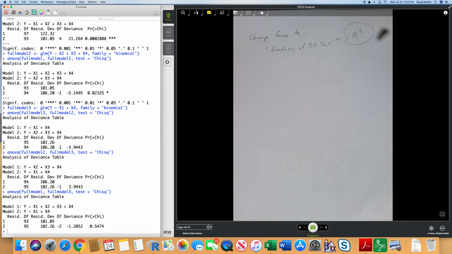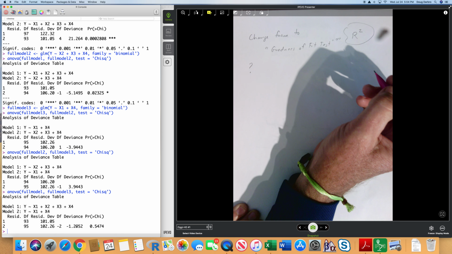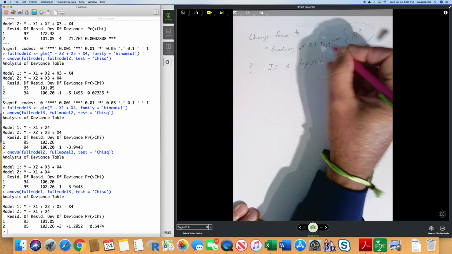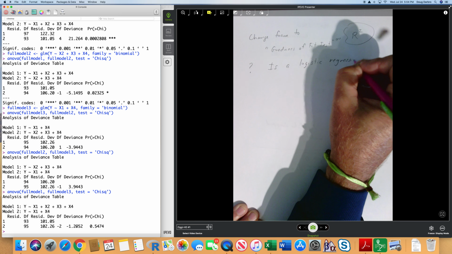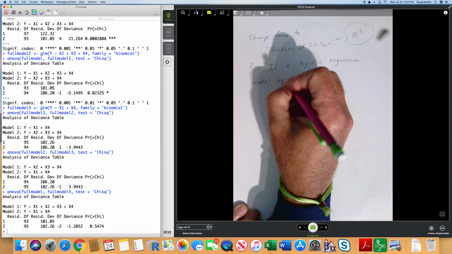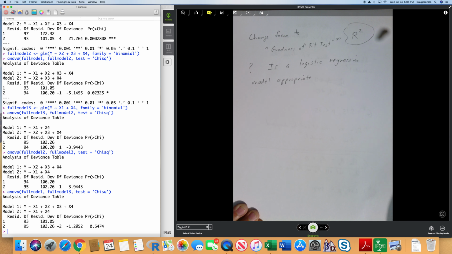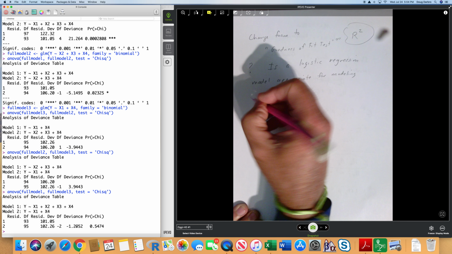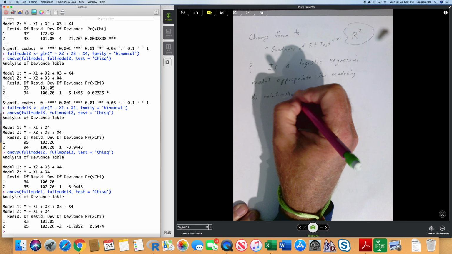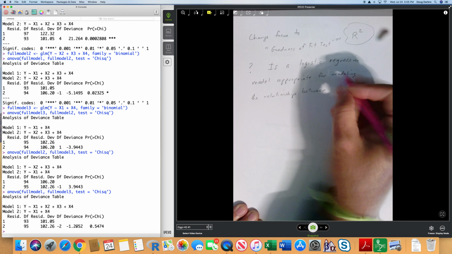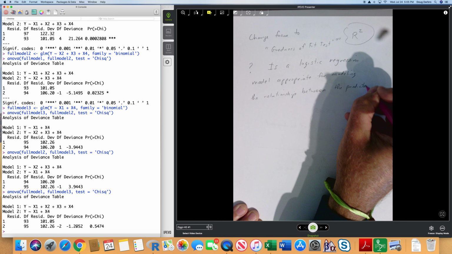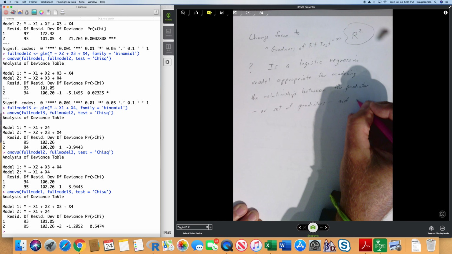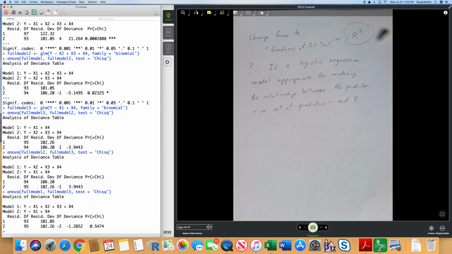So the techniques that I'm going to address here kind of pose the question: is a logistic regression model appropriate for modeling or explaining the relationship between the predictor or set of predictors and y, which again is obviously measured as either 0 or 1?